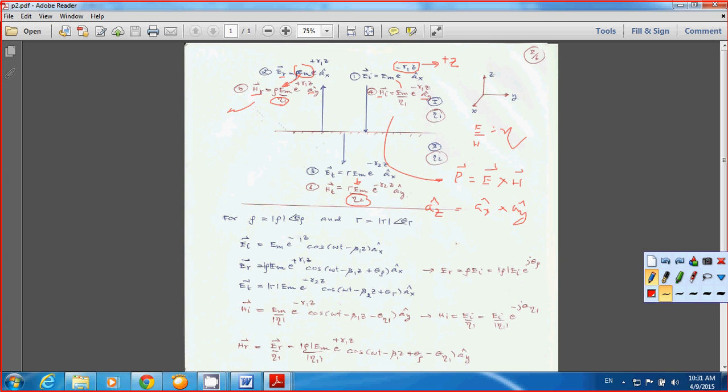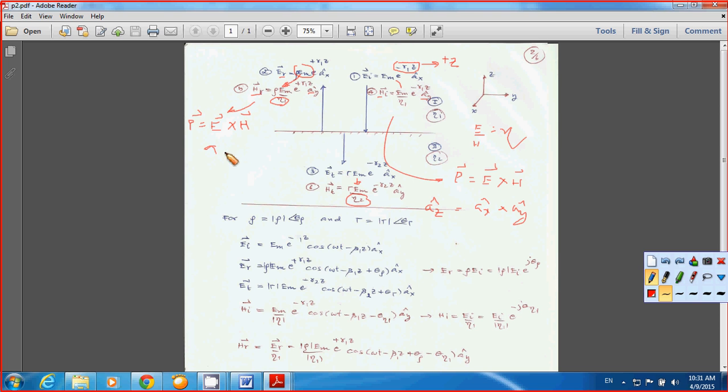Okay, if you come back to check this one here, for P equals E cross H, when E has the component of what?